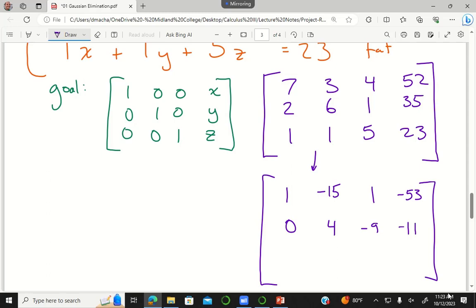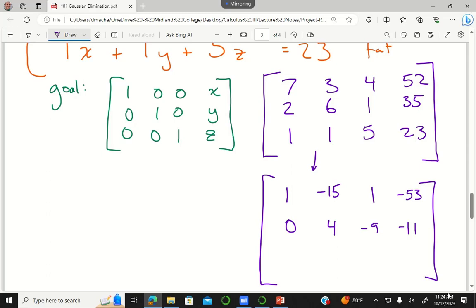And the last thing that I'm thinking about is I want that 1 right here in the bottom left corner. I want that 1 to be a 0 in the end. And so I think I'll take the third row minus my new first row. Right, so it'll be like this equation represented by this row minus that equation represented by that row.